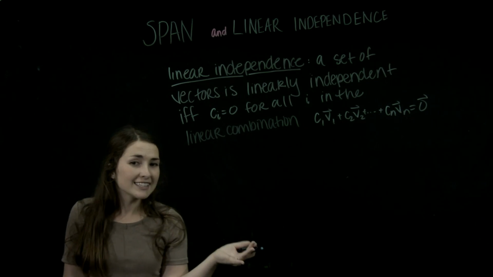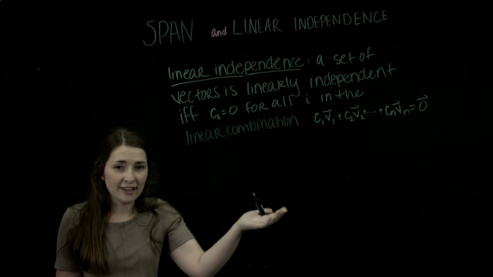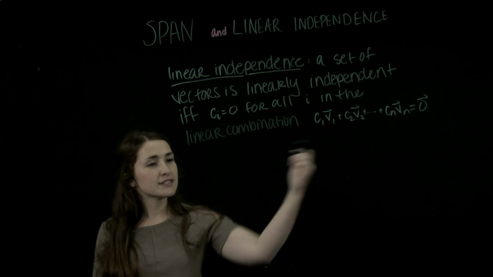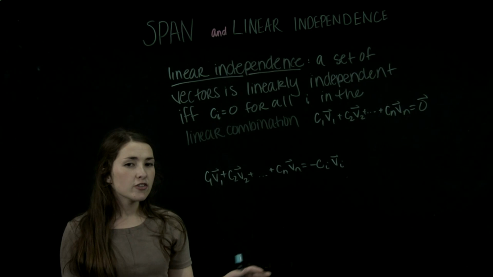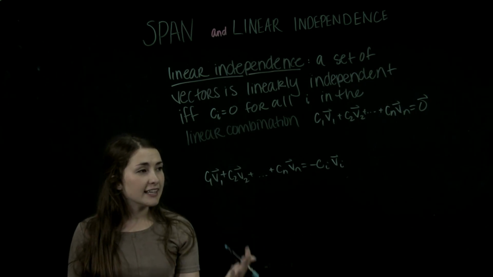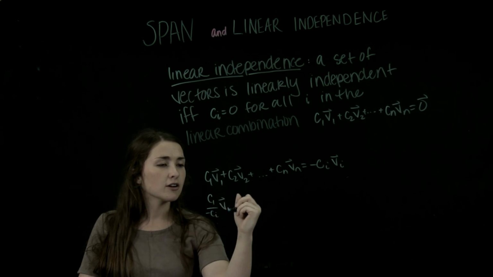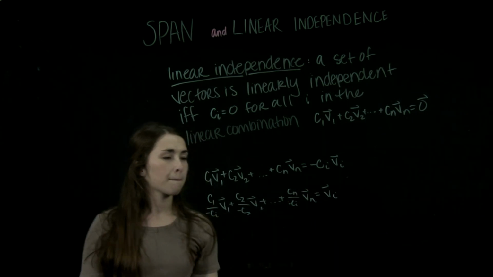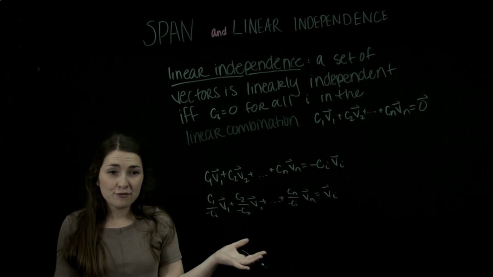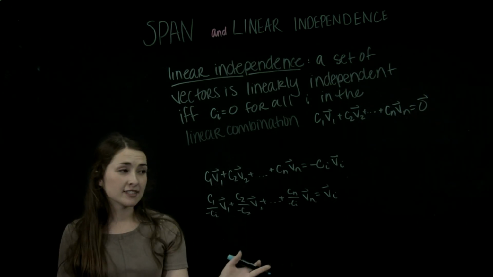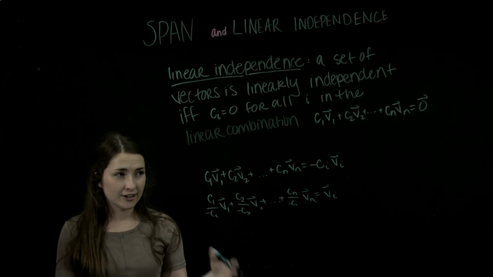If we subtract a Ci times some vector Vi from the left side, we're going to end up with this. Then if we divide both sides by -Ci, we're going to end up with something like this. That means that we can write this vector, whatever vector it is, it can be any one from the left side, as a linear combination of the other vectors in our set.